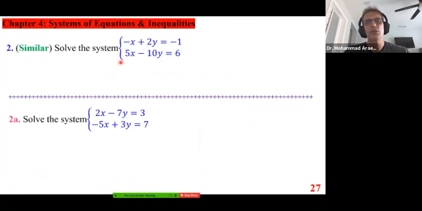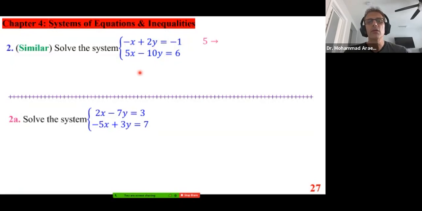This is question 2. Similar to the previous question, we have a system to solve. Minus x plus 2y equals negative 1. 5x minus 10y equals 6. Notice if we multiply the first one by 5, we can get rid of the variable x. By the way, the idea behind the elimination method is to eliminate a variable, okay?